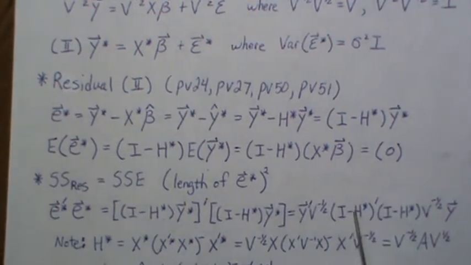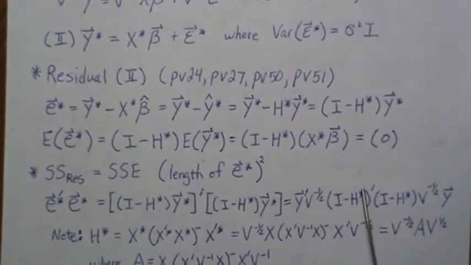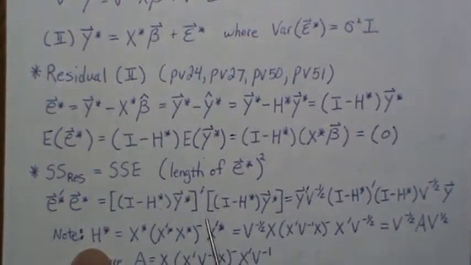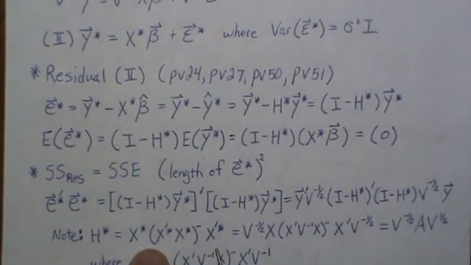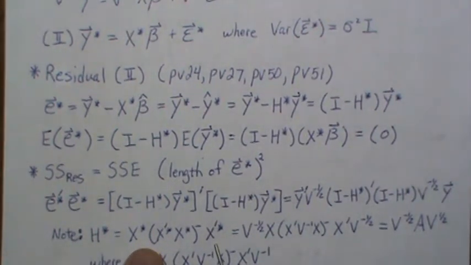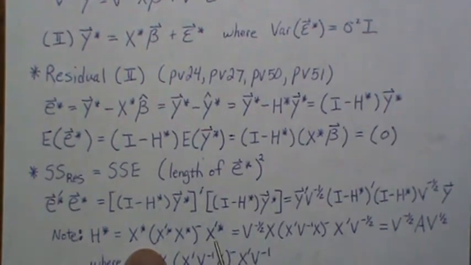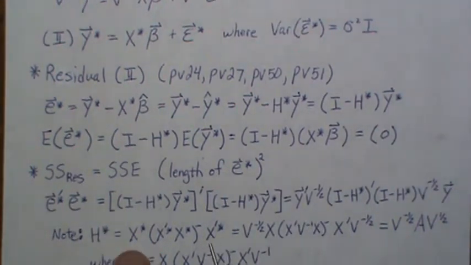Now let's look at h star for a second. H star is the hat matrix in model 2, and it looks like this: x star transpose x star inverse x star transpose. But now let's put in that each one of these x stars is v to the minus 1/2 x.